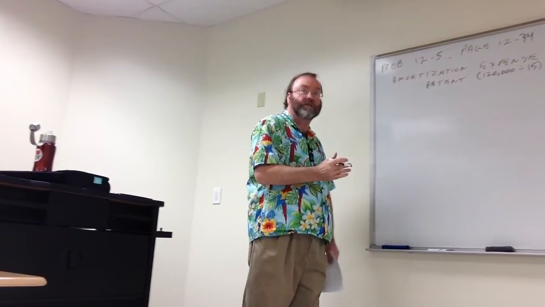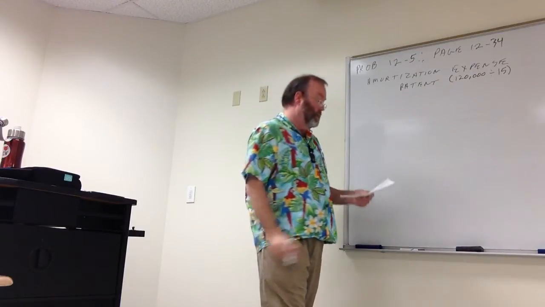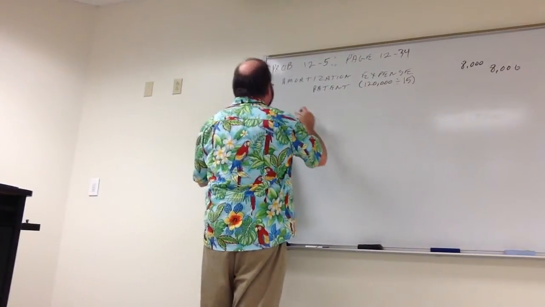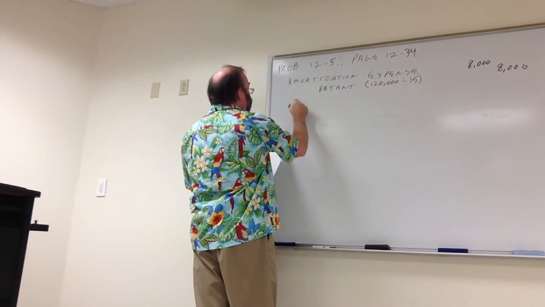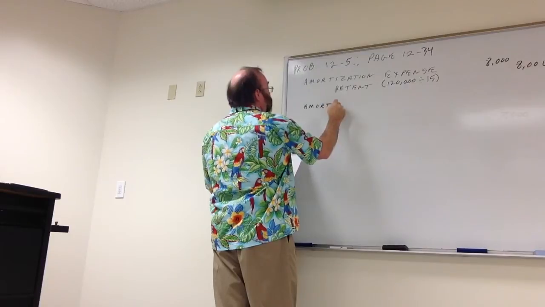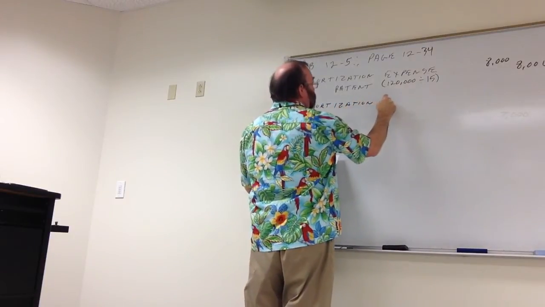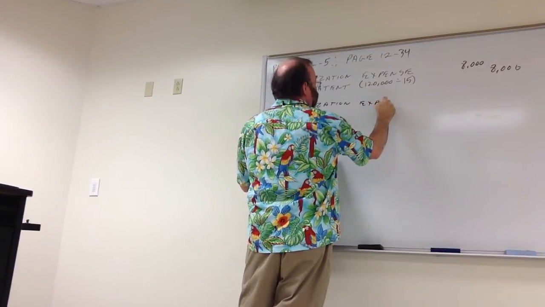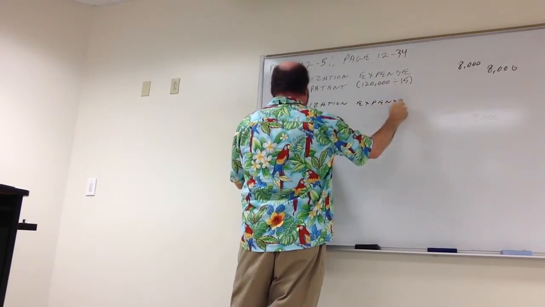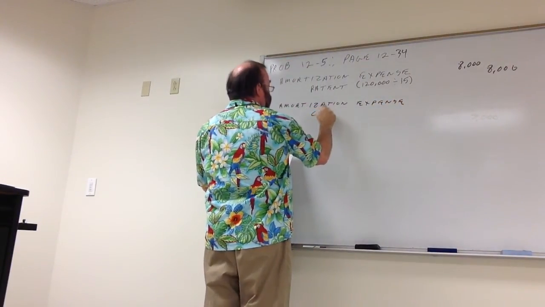So 2013 and 2014, you're going to use this software, at which point you're going to upgrade and migrate to a new system of some sort. So this is going to be amortization expense. And then we're going to write down computer software.